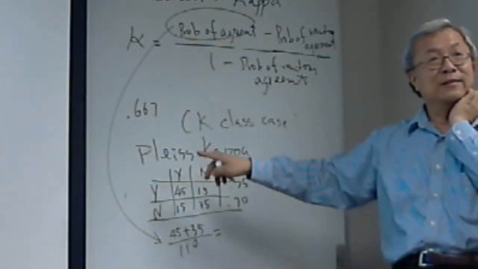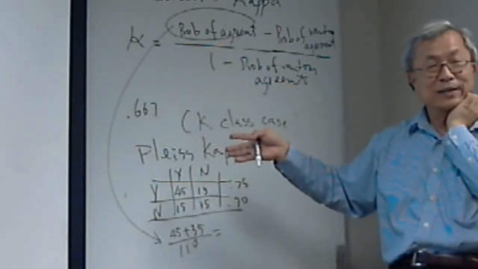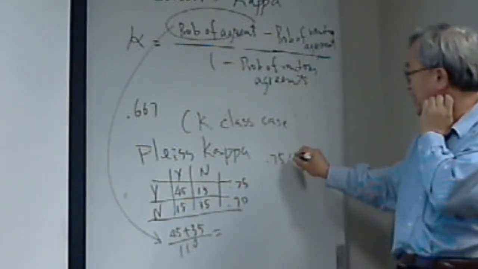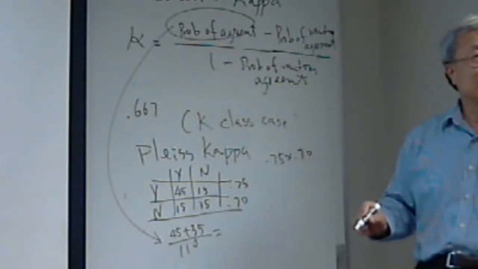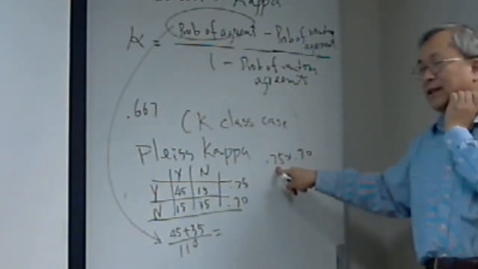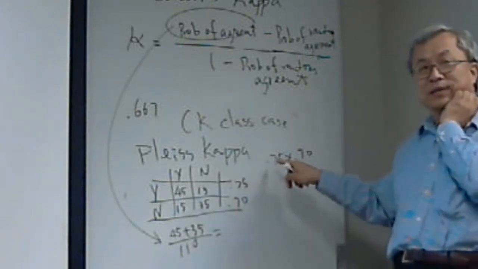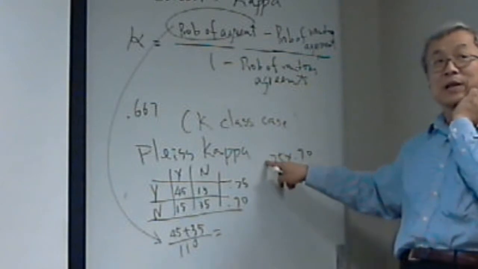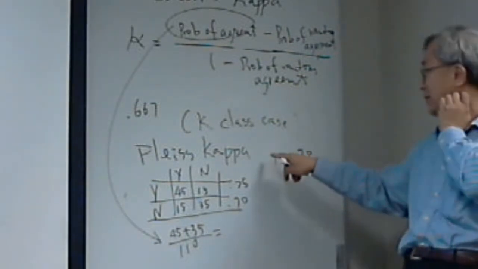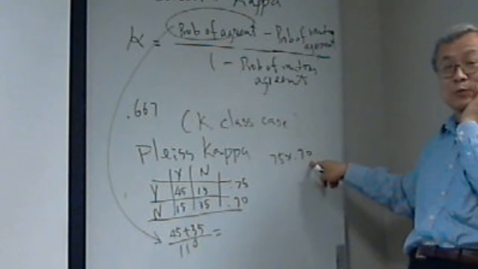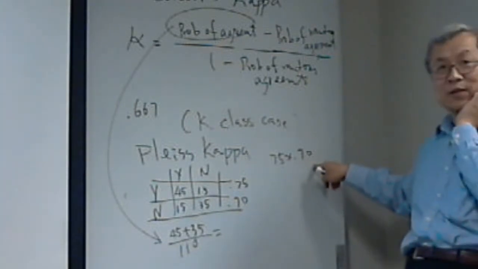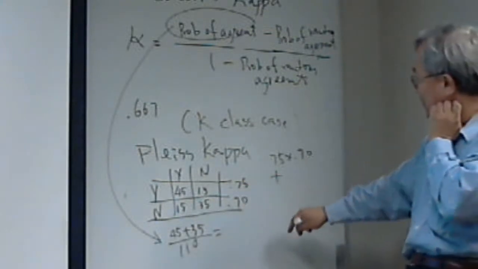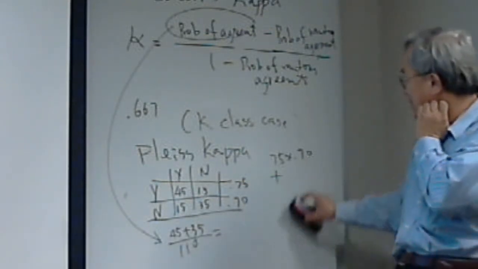Assuming that they rate independently, what is the chance they both rate yes? It would be 0.75 times 0.70, right? The first rater says yes with a probability of 75%, the second rater says yes with probability 70, supposing they rate independently, randomly.